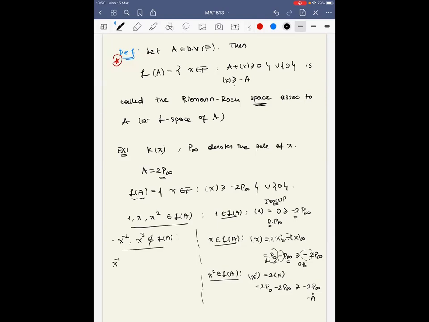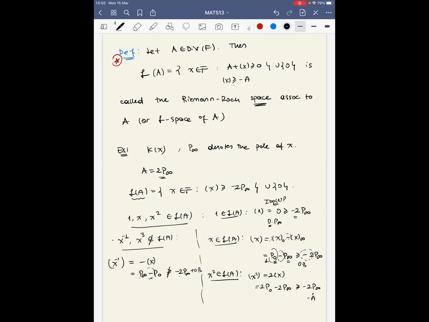For x inverse, if we consider its principal divisor, it's going to be minus the principal divisor of x, so that means P infinity minus P0. In this case, even though the coefficient of P0 satisfies the inequality, the coefficient of P infinity does not satisfy this inequality.